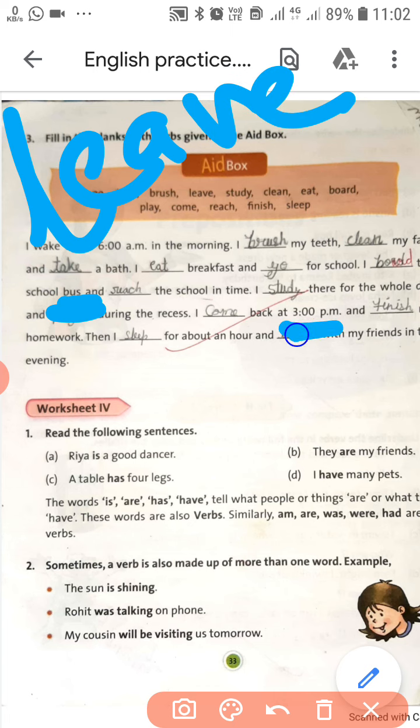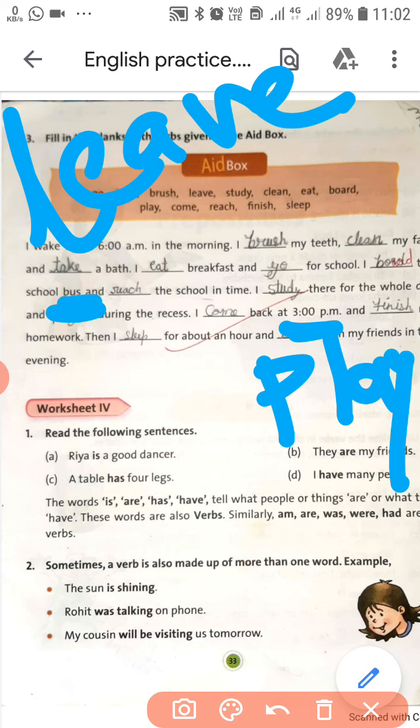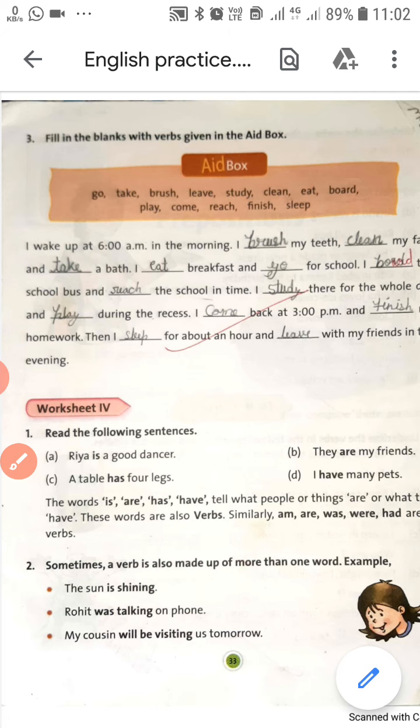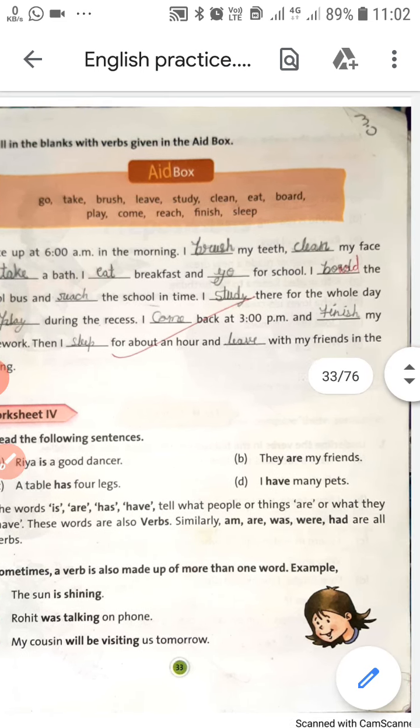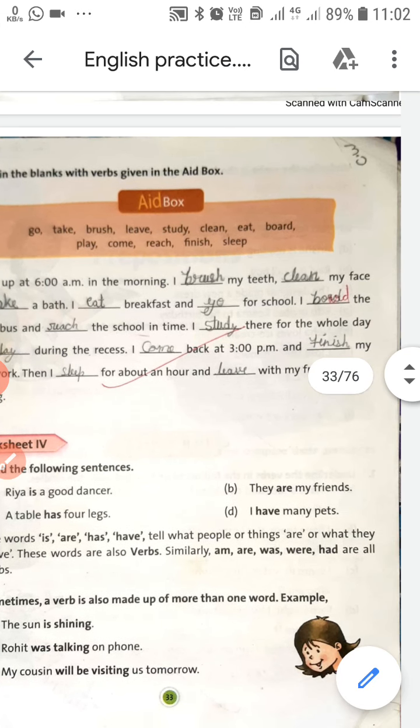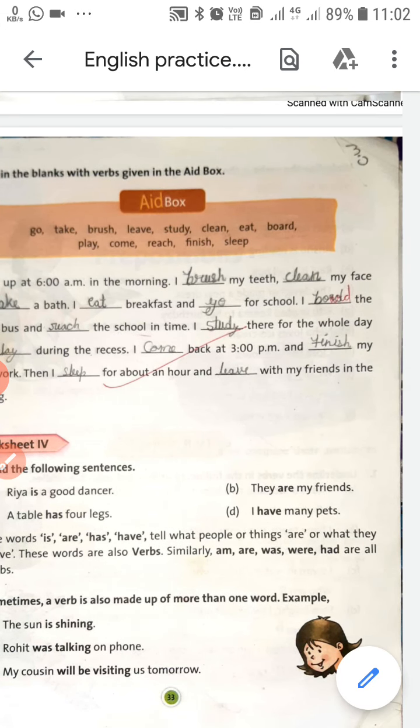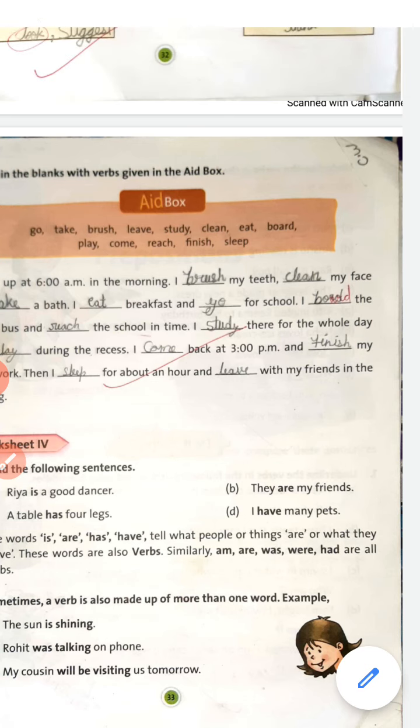And here, in the place of leave, you should write play. That could be more appropriate. The sentence is: then I sleep for about an hour and dash with my friends in the evening. So that will be more appropriate if play is written at this place.